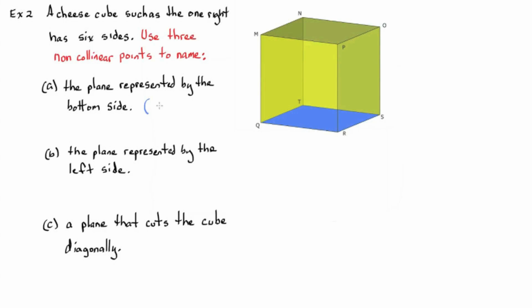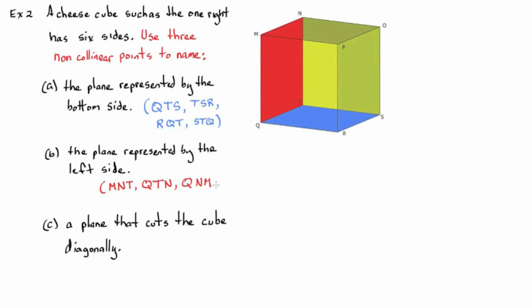Okay, so I'll shade in blue the bottom side, and we can call this plane QTS, TSR, RQT, or STQ. The plane on the left I'm going to shade in red, and I can call this plane MNT, or QTN, or QNM, or TMQ. There's a couple of combinations here.